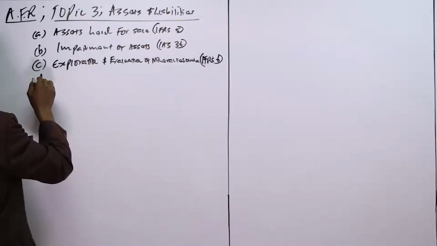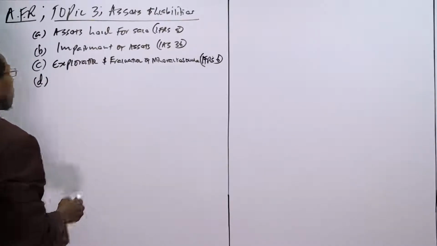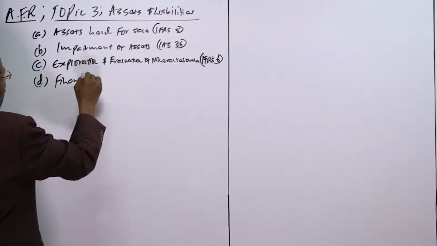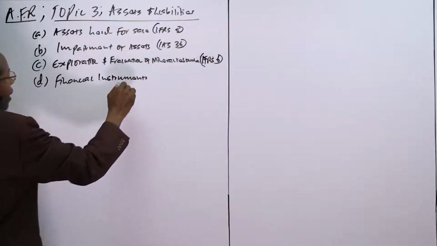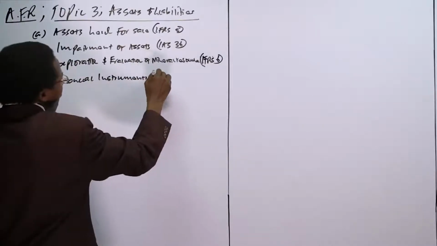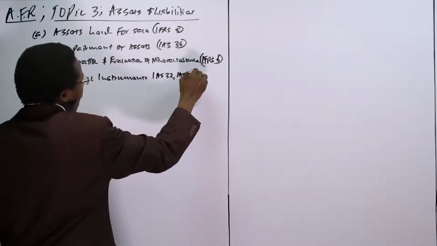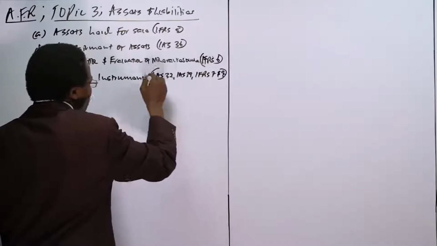Then apart from exploration and evaluation of mineral resources, we have talked about financial instruments. On financial instruments, it was IAS 32, IAS 39, IFRS 7 and 9. So we have looked at that.